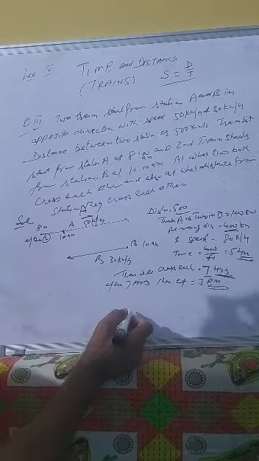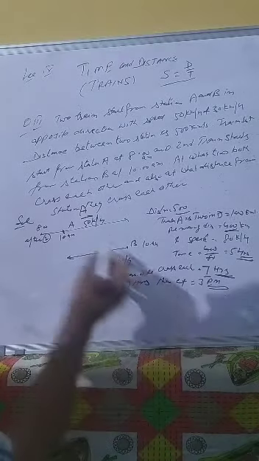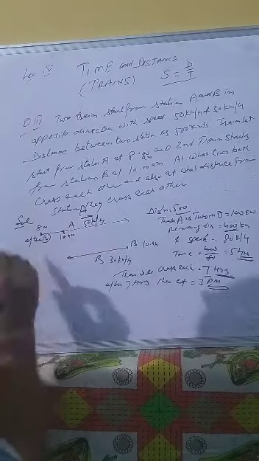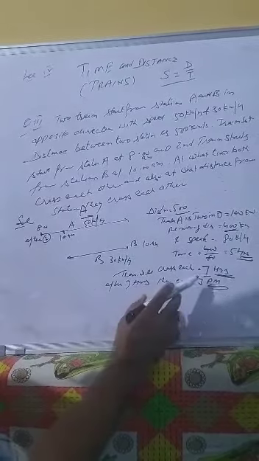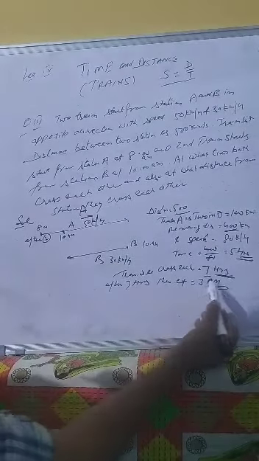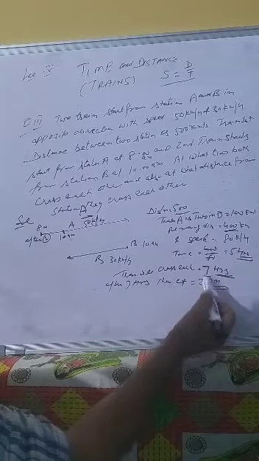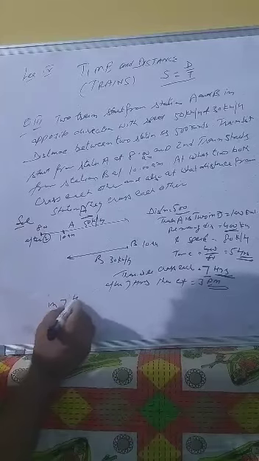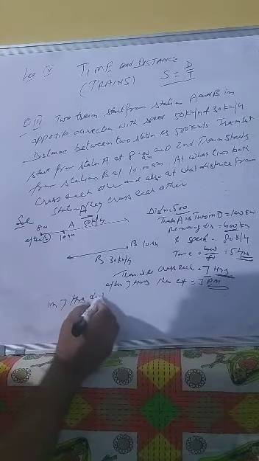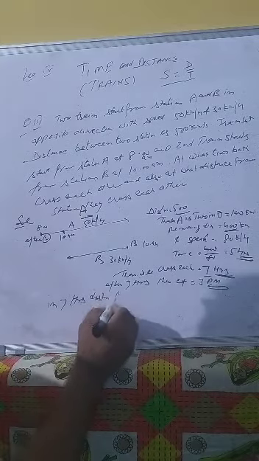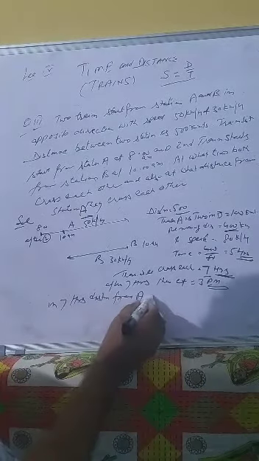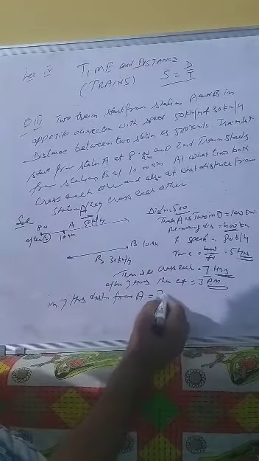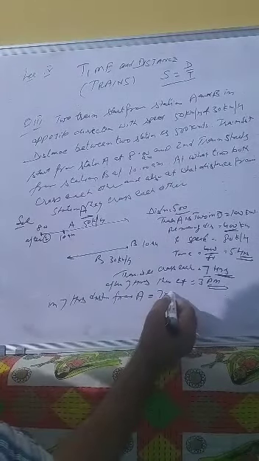Now we have to find the distance from A. The train A starts from here with speed 50. In 7 hours, what distance will it cover from station A? It is 7 into 50, the speed of A is 50.